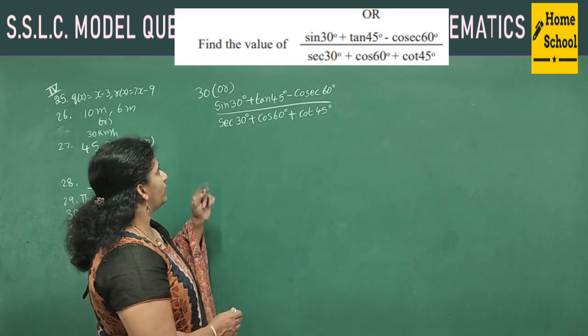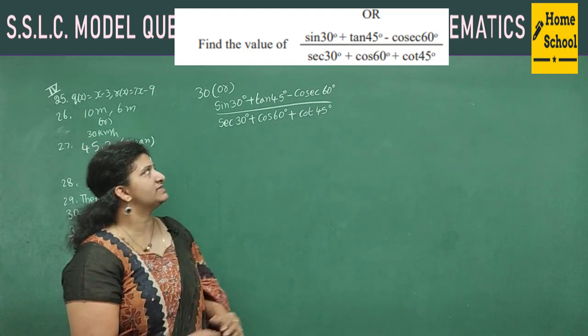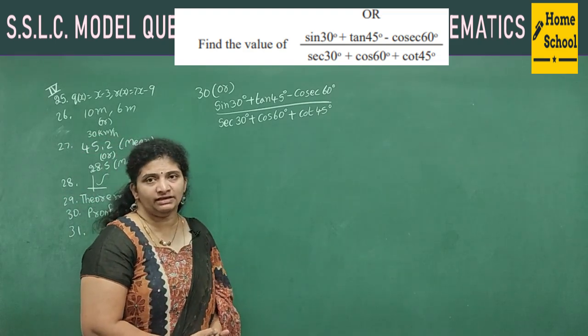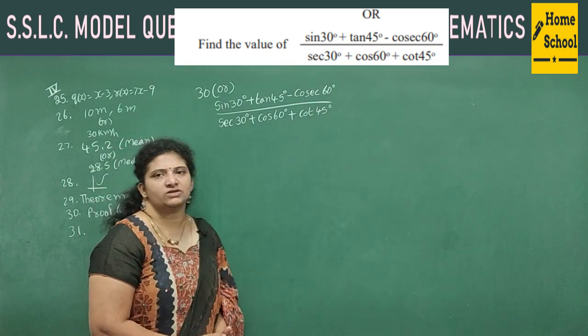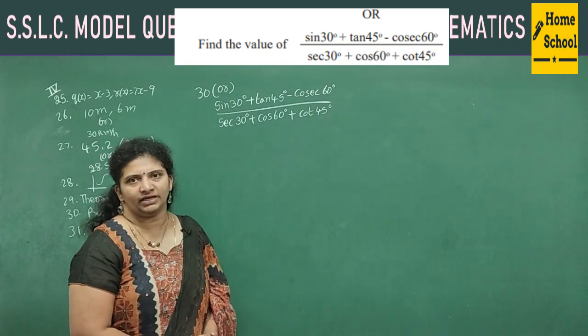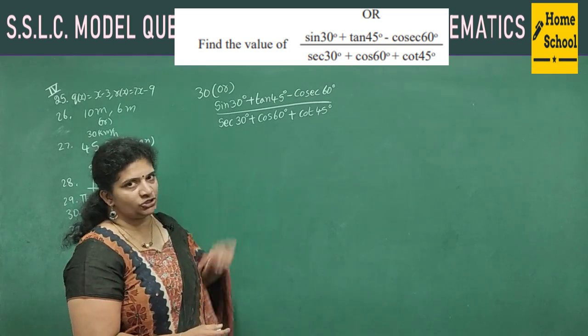In this we have one more OR question. Find the value of (sin 30 degree plus tan 45 degree minus cosecant 60 degree) whole divided by (secant 30 degree plus cos 60 degree plus cot 45 degree). You should remember the ratio table in order to substitute in this.